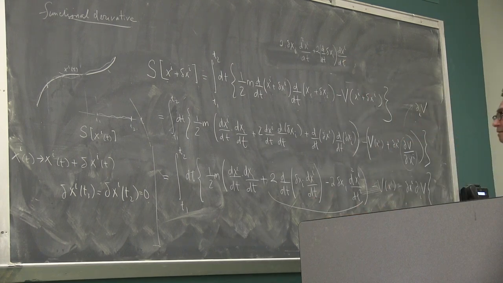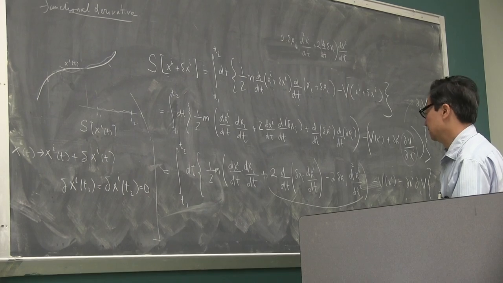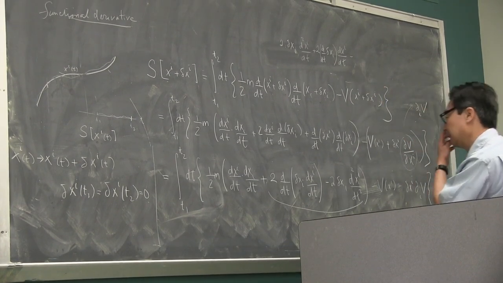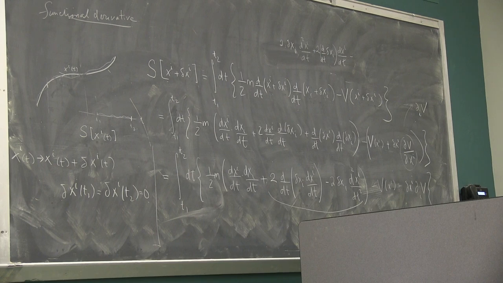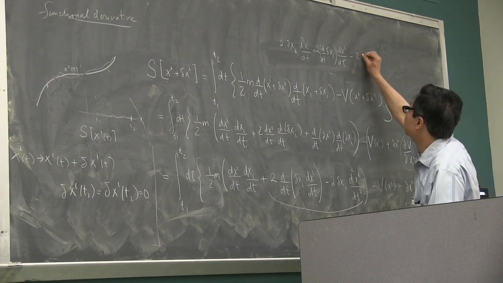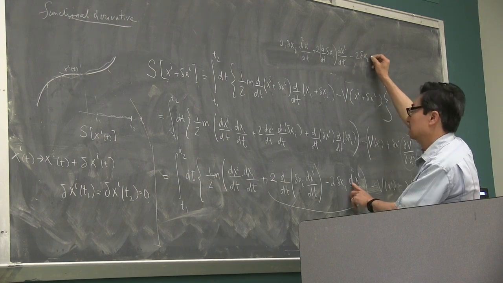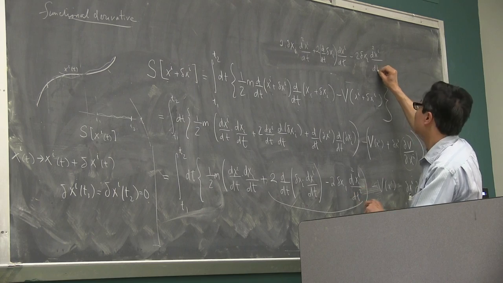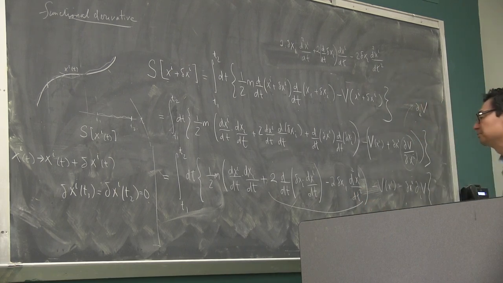Right? Minus 2 times delta xi times the second time derivative. Like that.